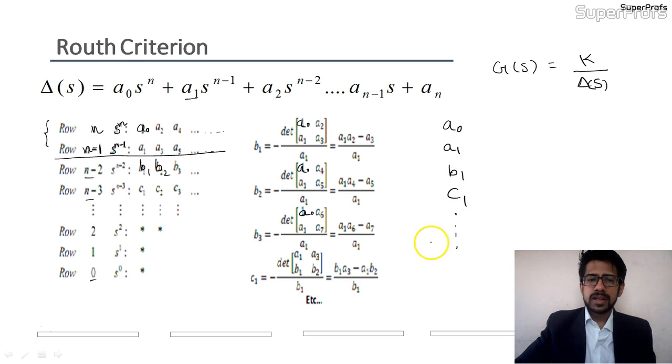If till row 0 you have coefficient k1, we will look at the signs of a0, a1, b1, c1 and k1.